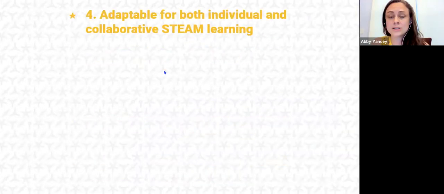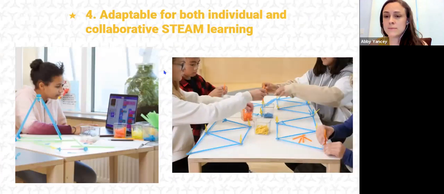And a fourth attribute of Strawbees that will be helpful to mention in your outline is that Strawbees are adaptable for individual and collaborative STEAM learning.